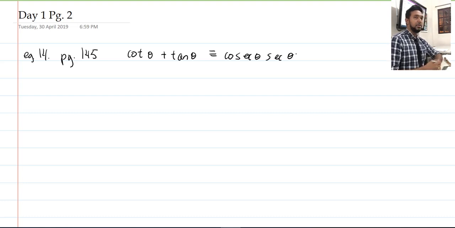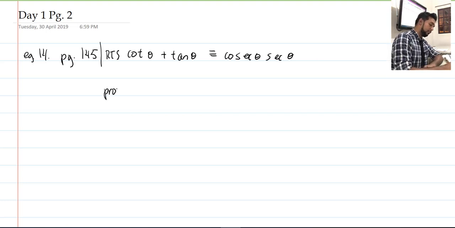Usually what you do is take one side and work your way towards the other side. Sometimes people insist you put your statements, so I'll show you that for good measure. You are required to show that cot theta plus tan theta is equal to that, and then you put proof, as follows.